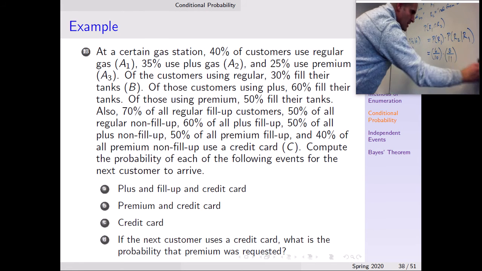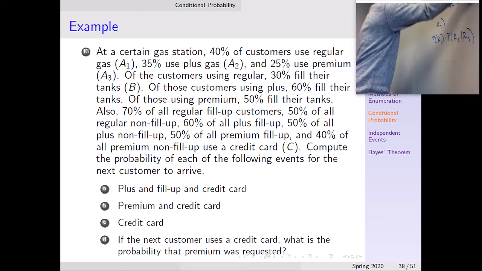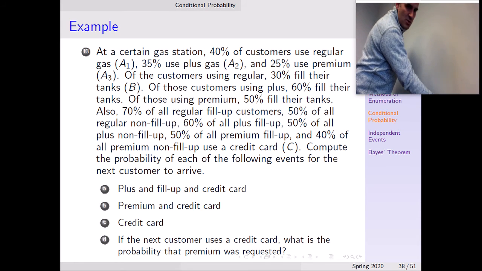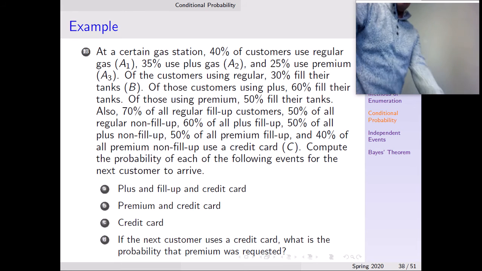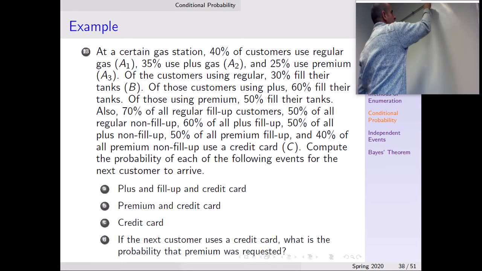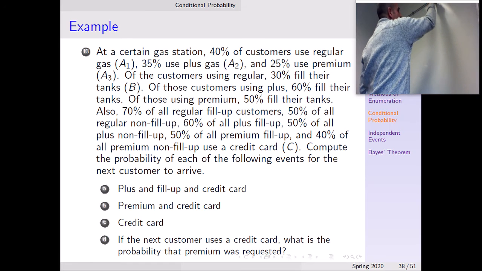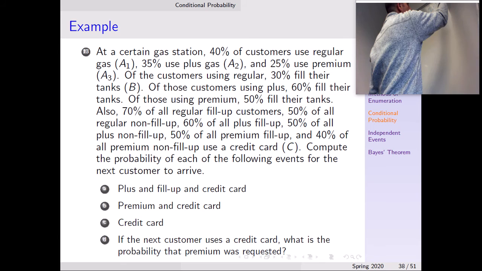A1 is regular. I'm going to write this up here. A1 is regular. So the probability of A1 is 40%, so 0.4.